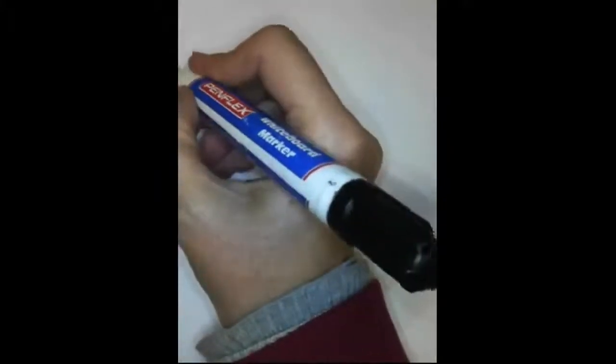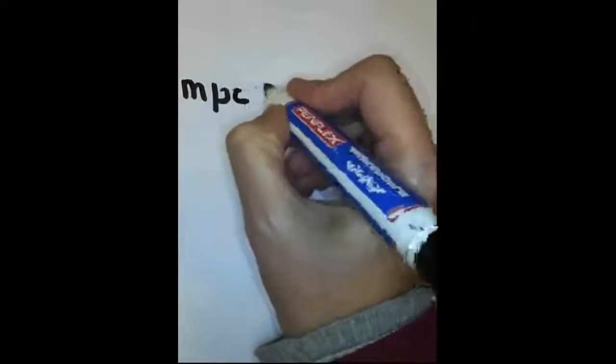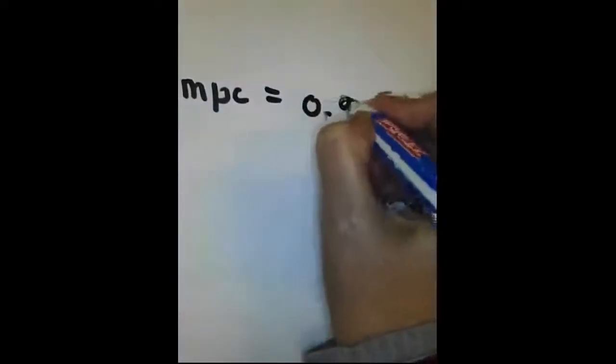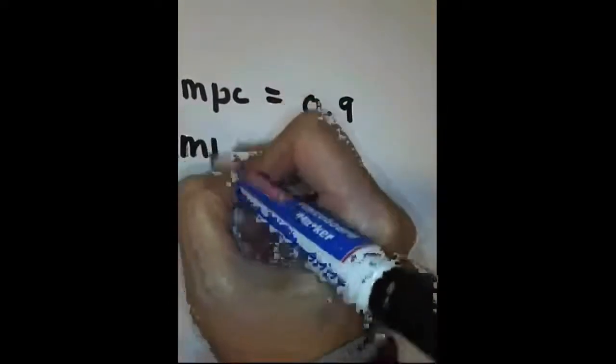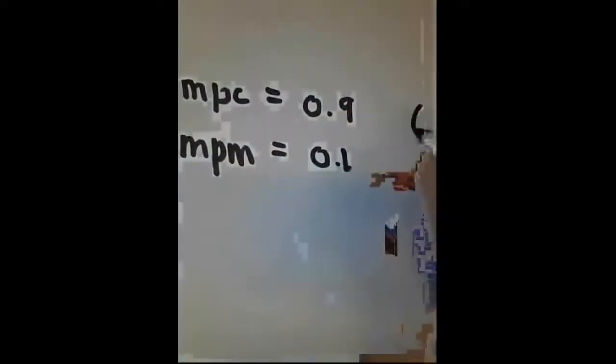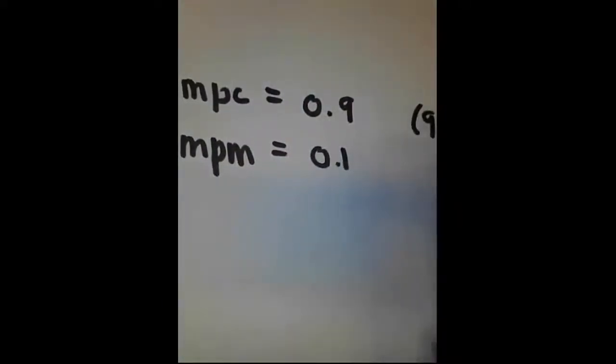So the information that we were given was that MPC equals 0.9 and MPM equals 0.1. In other words, 90%, and let's write it here, 10%. That's the information that you were given.